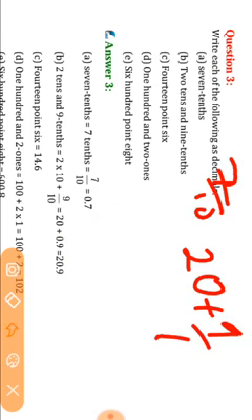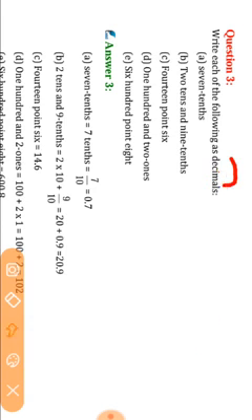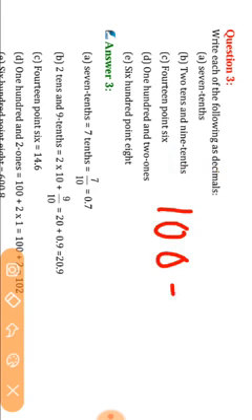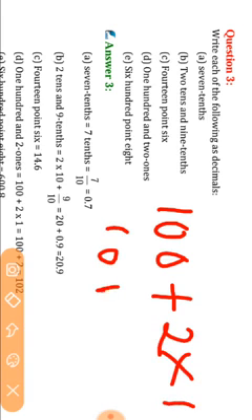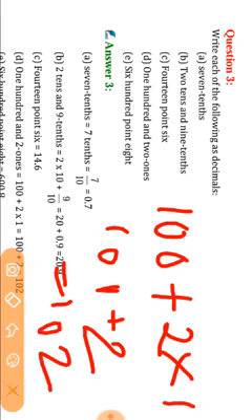Then 14.6, that's directly 14.6. Then 100 and means addition, 2 ones, so 100 plus 2 ones are 2, so it is 102.